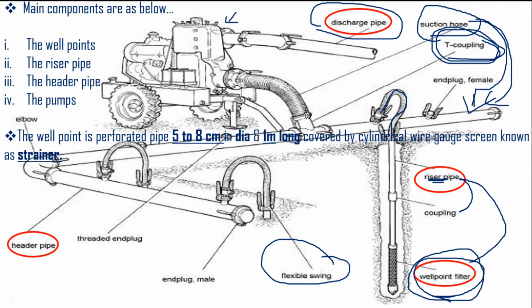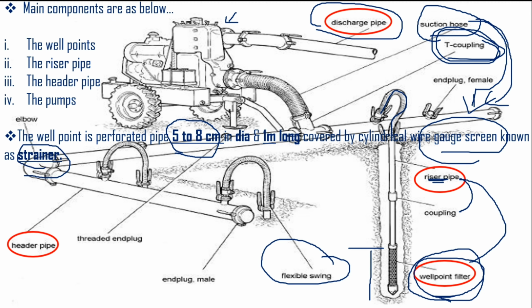The diameter of that pipe is 5 to 8 centimeter, and the length of that well point is covered maximum up to 1 meter, and that length is covered with the help of a gauge screen, which is represented as a strainer.